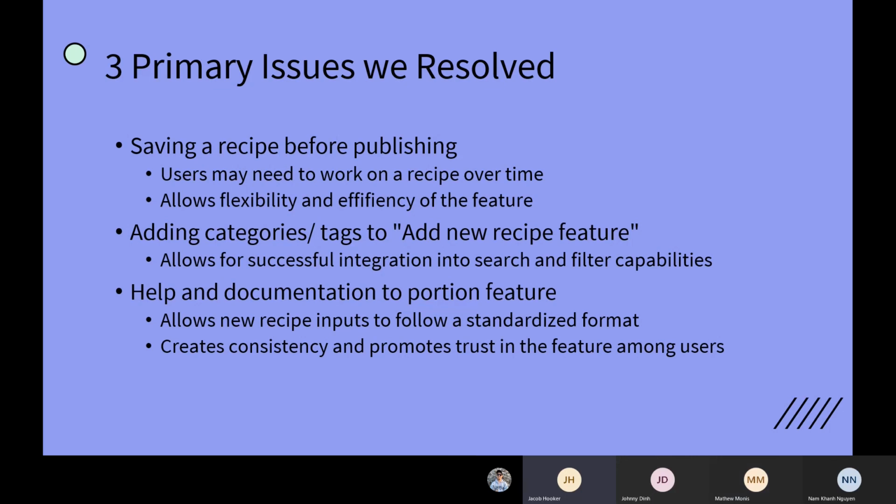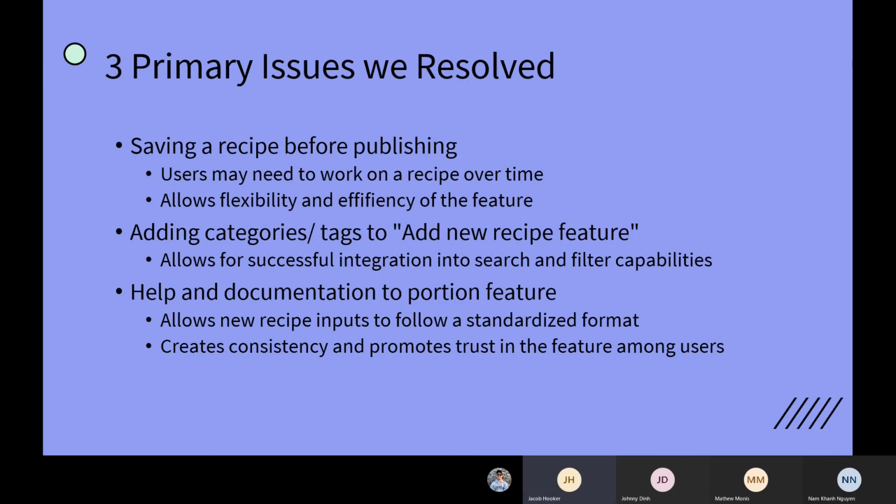Through multiple versions of prototyping, and finally landing on a high fidelity prototype and presenting it to our colleagues in the class, we found 3 primary issues that we decided to resolve moving forward in the app development.